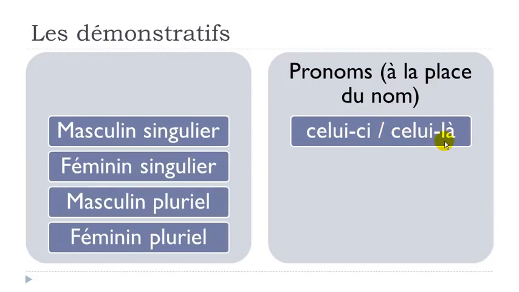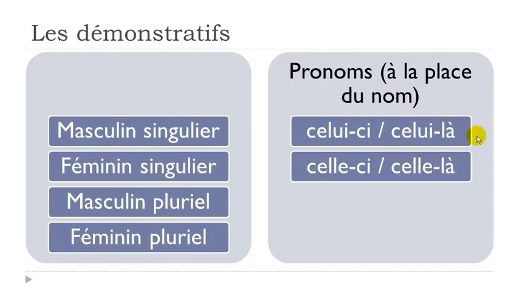In English, it would be directly translated as this one. You don't want to repeat the noun or the thing that was previously stated, so you use this one. In English it's easier, in French it's a bit more tricky, because we have this celui, and then ci and là. Normally ci comes first and then là comes next, celui-ci, celui-là, this one.